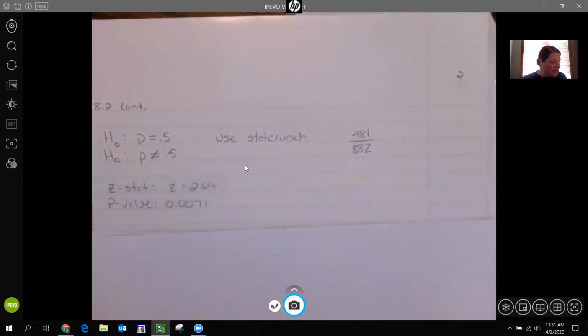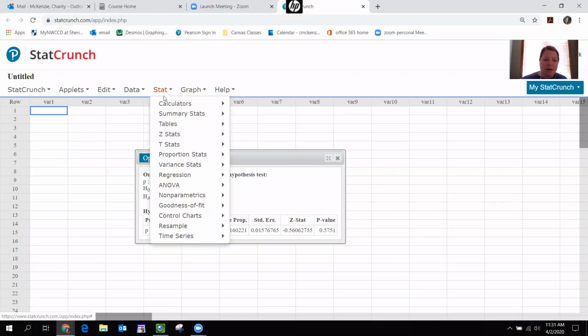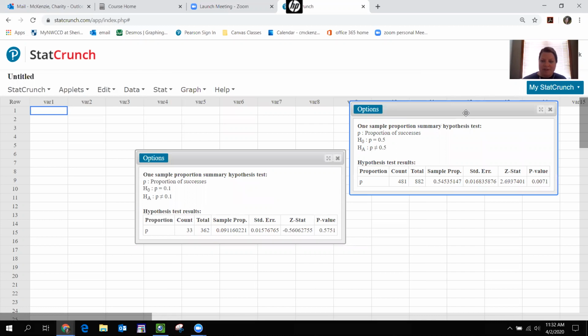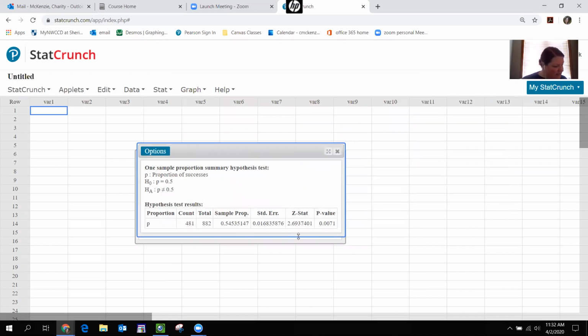And so let's go into StatCrunch and see if we can get this Z and this P. So this time we're going to go into Stat again and Proportion, because we're still in proportion. And we said there were 481 out of 882 when we added the two together. And we're at 0.5 and not equal to halfway. So here's our Z statistic and our P value.